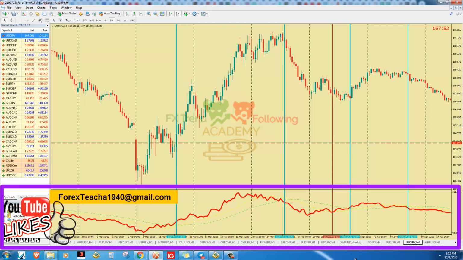In this box where you see the indicator, the red line represents the US dollar. If it crosses above the green and the yellow, it means the US dollar is very, very strong. So if you are trading a pair like USDJPY, as soon as it crosses, you see that it starts going up right here. So we're going to take our buy trade right here.